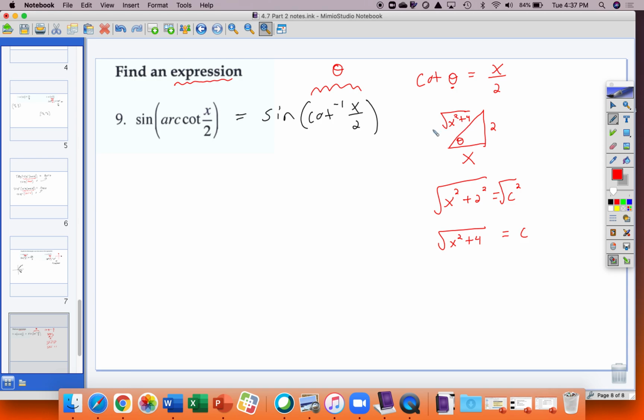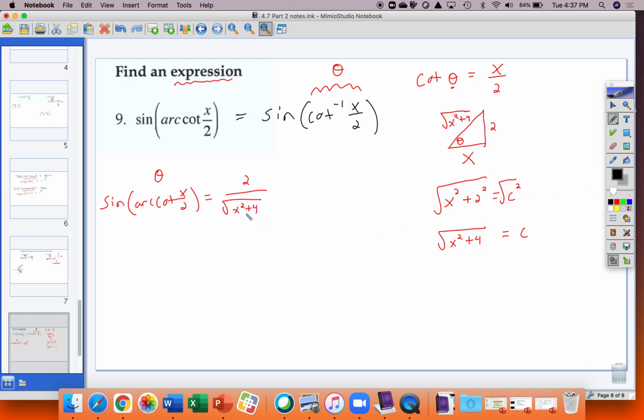Now, this question wants me to find the sine of this angle. Well, I created a triangle with the angle in it. So the sine of this angle, the sine is opposite over hypotenuse. So therefore, the sine of angle theta, which is really the arc cotangent of x over 2, is the opposite 2 over the hypotenuse, the square root of x squared plus 4.